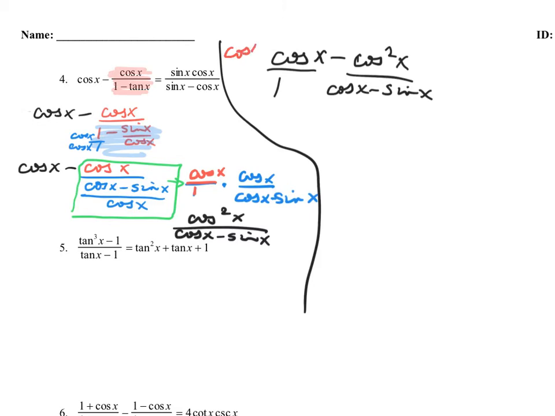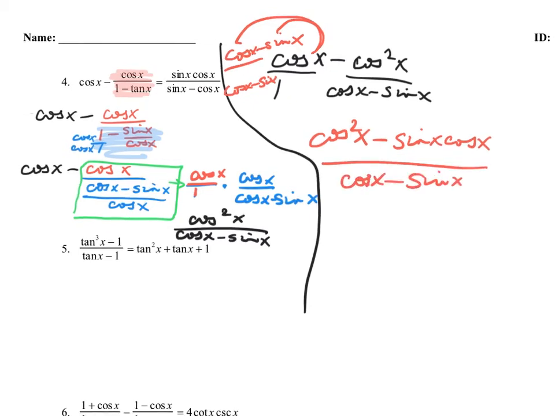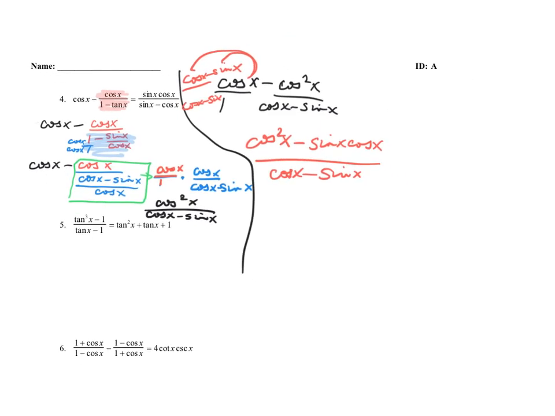So when I distribute the cosine to both of these, I get cosine squared x minus sine x cosine x over cosine x minus sine x, and then over here, this fraction here, just rewrite it.